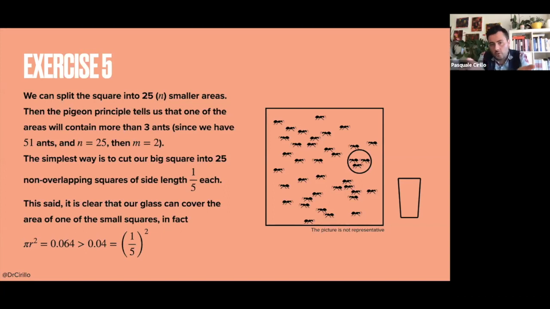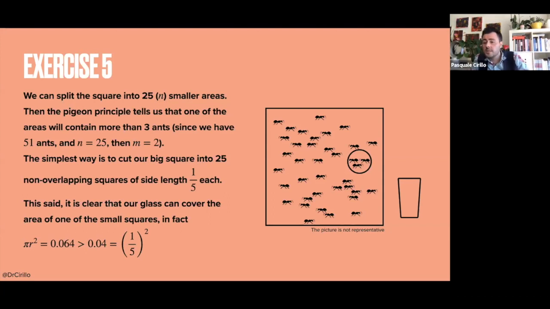Now, I already said squares, because the simplest way to split a square into smaller areas is to split it into squares. If I take squares that have an edge of 1/5, I can completely cover my big square with 25 non-overlapping smaller squares of edge 1/5.